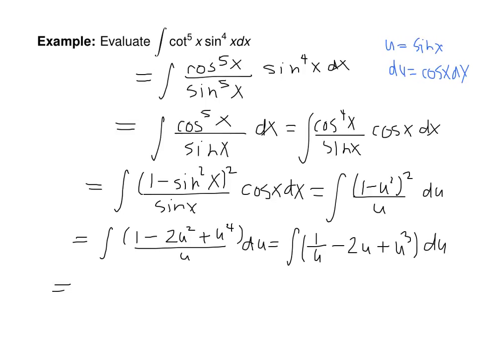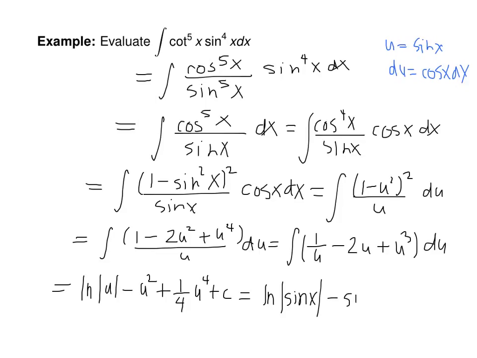Remember, the antiderivative of 1 over u is ln, absolute value of u. The antiderivative of 2u will be u squared plus 1/4 u to the 4th plus c, and then we'll just insert our u. We have ln absolute value of sine of x minus sine squared x plus 1/4 sine to the 4th x plus c.